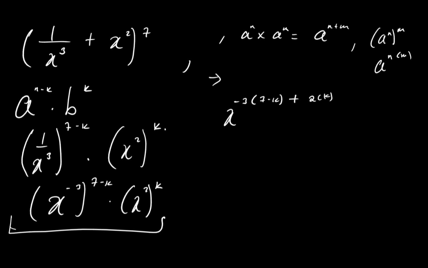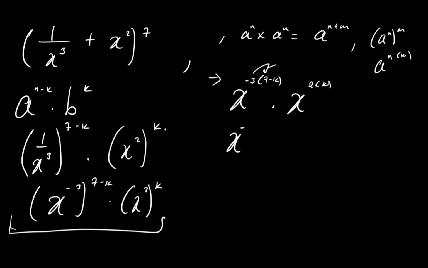For the sake of people who might not understand this point, what I'm trying to say is this. This portion will be x to the minus 3 times 7 minus k, then times the second portion, which will be x to the power 2 times k. So this is x to the power negative 3 times 7 minus k, which gives negative 21 plus 3k, times x to the power 2k.